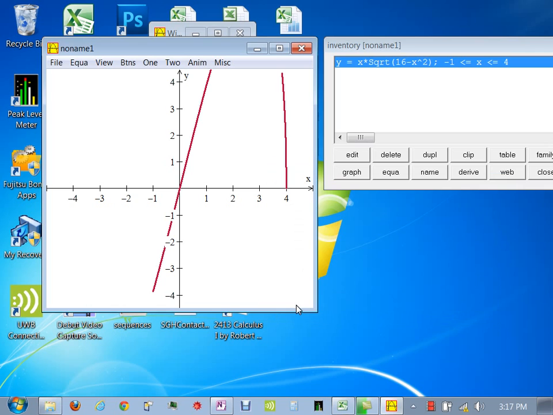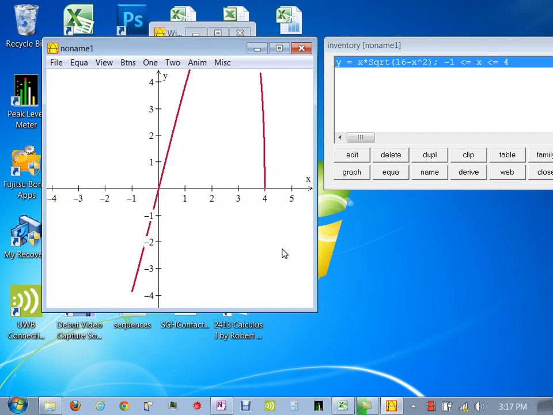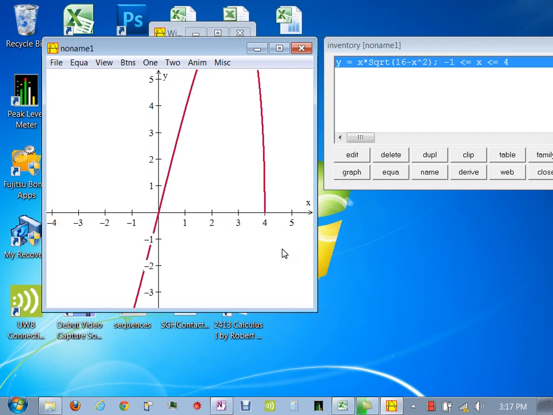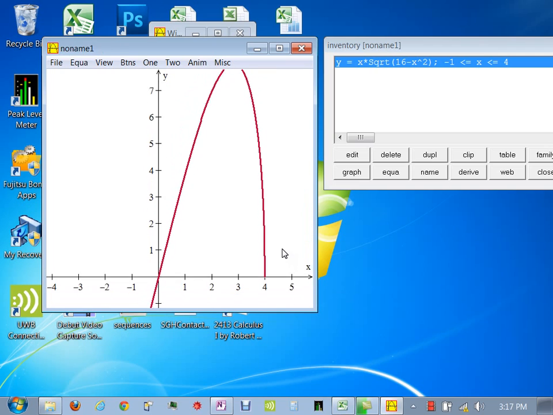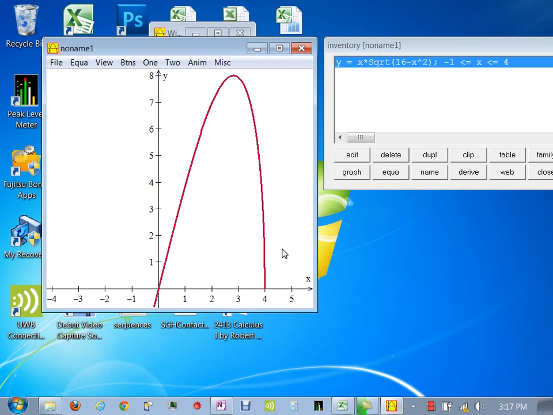Here it is. So it's looking like we're going to get an absolute minimum at an endpoint, right? And it looks like we should get an absolute maximum at a critical number, where a derivative is 0. That's what it looks like we should get. But how are we going to do it algebraically?